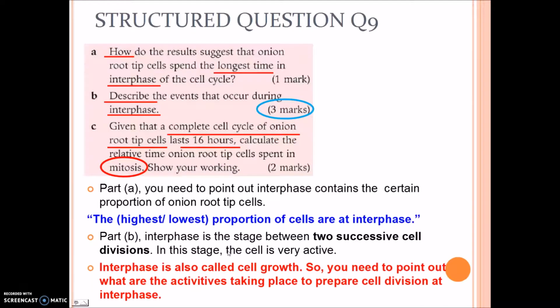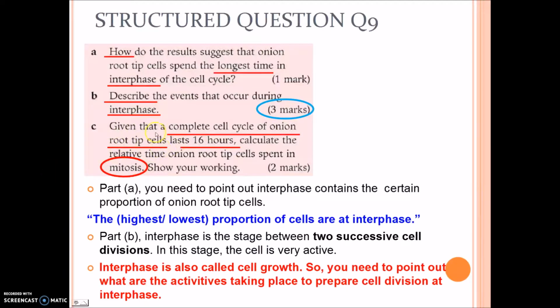Try to become familiar with the concept, in which every step, every stage in the cell cycle is very unique and very significant. Why do we need to do this process at this stage, and why do we do that process at that particular stage? That's a very important concept.